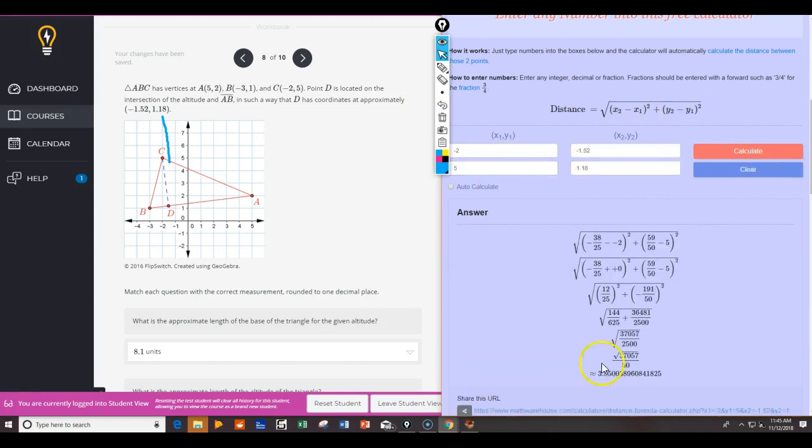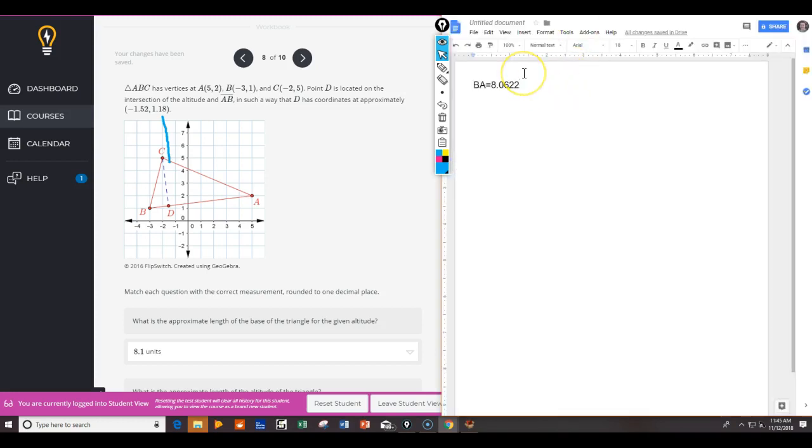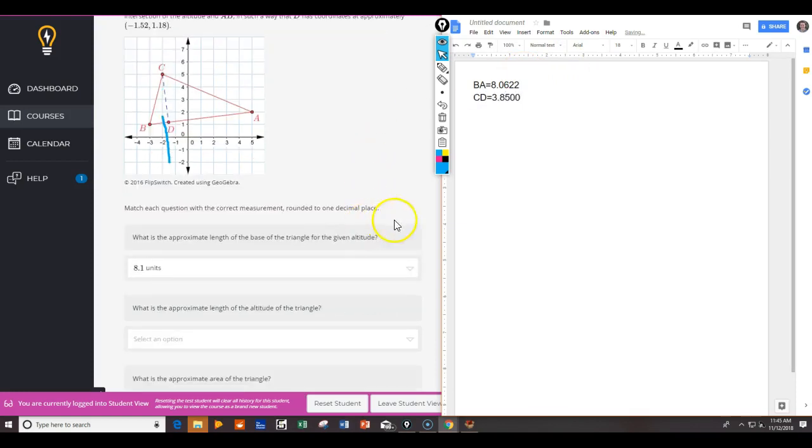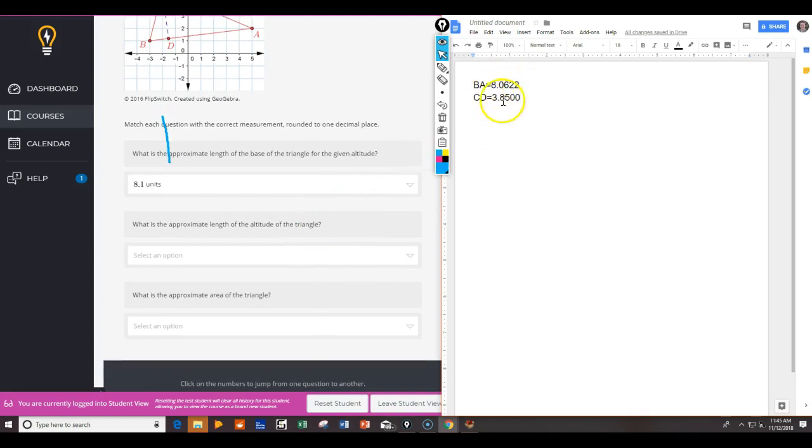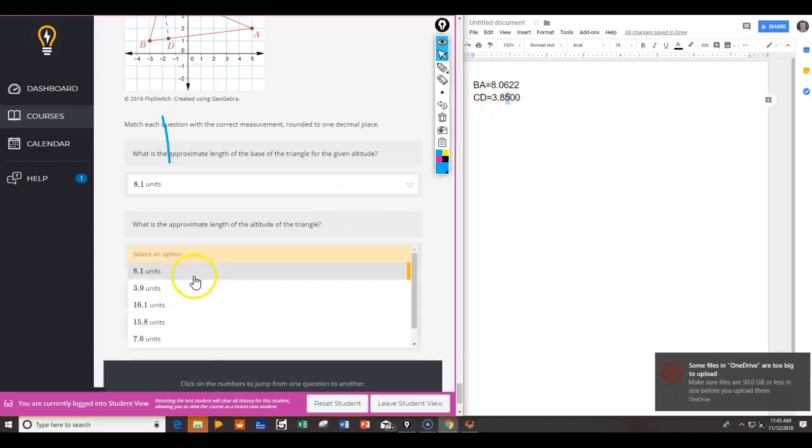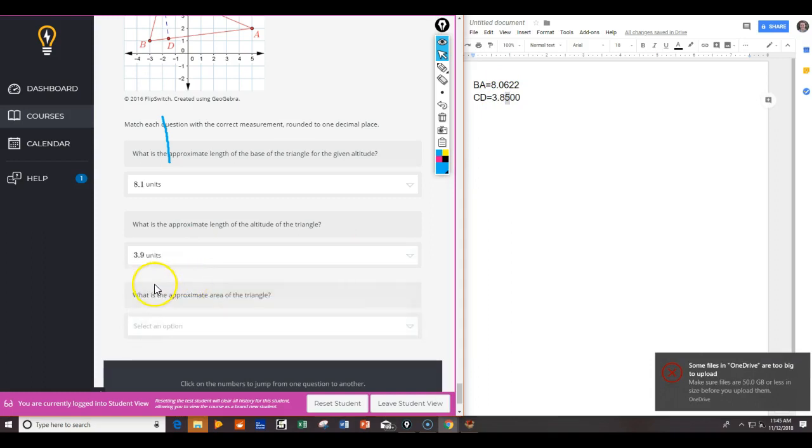To calculate it, it's 3.8500. So from C to D, that's equal to 3.8500. So rounded to the nearest tenth, which is our first decimal place, this 5 will round that 8 up to a 9. So this will be 3.9 units.